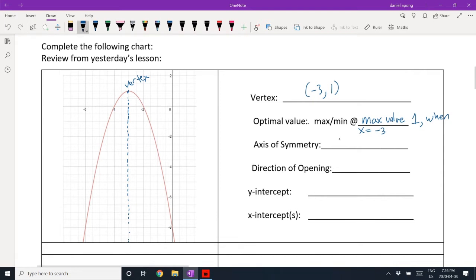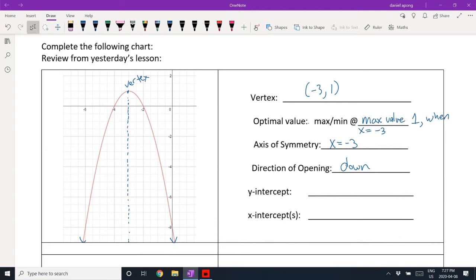In this case, x is equal to -3. Now, let's state which way it opens. Does it open up or open down? That's right, it opens down. So you can see the opening of the parabola is over here, and it concludes at the vertex over here.